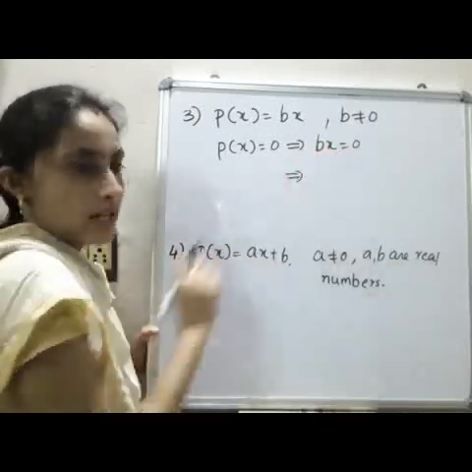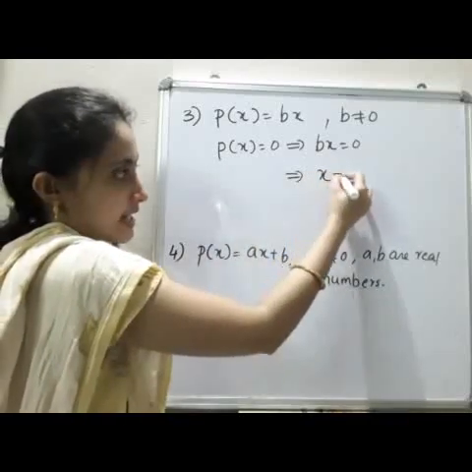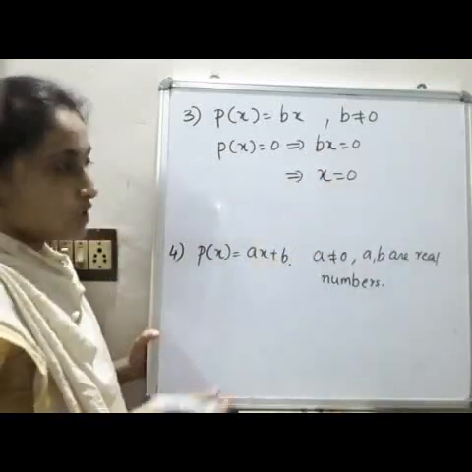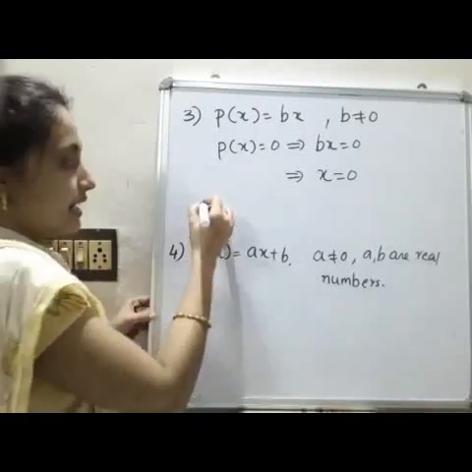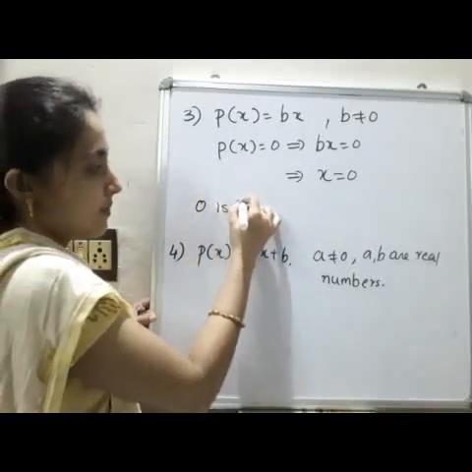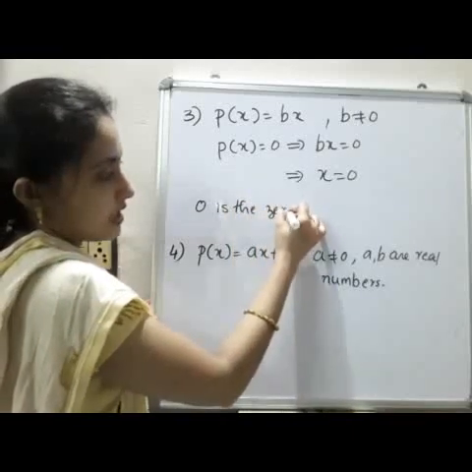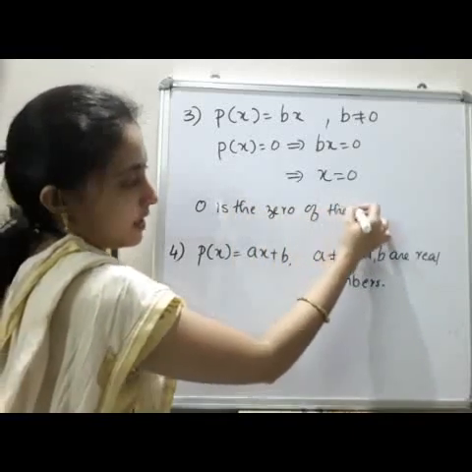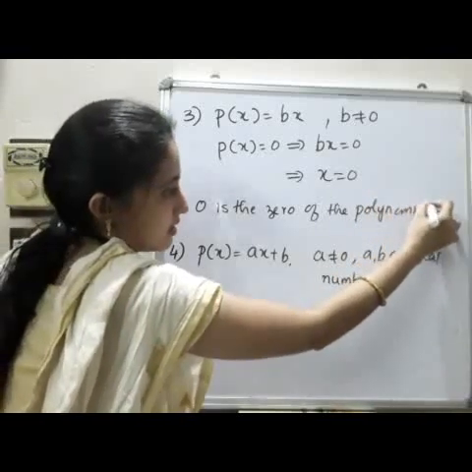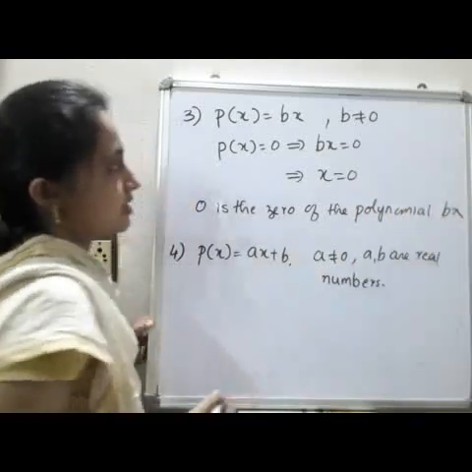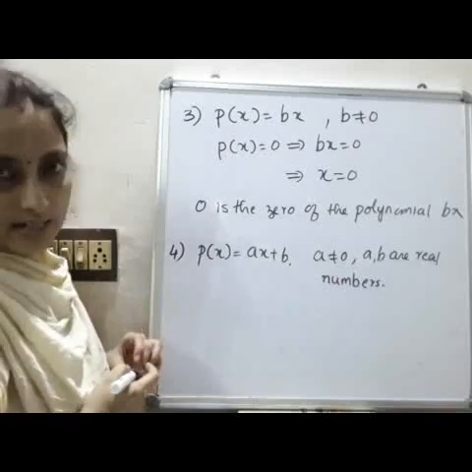Yes. X becomes 0. That gives us x is equal to 0. Okay. So, what is the 0 of the polynomial? 0. The number 0 only. That is, 0 is the 0 of the polynomial. Which polynomial? Sorry, bx. So, polynomial bx.